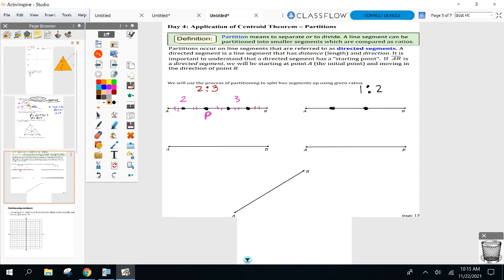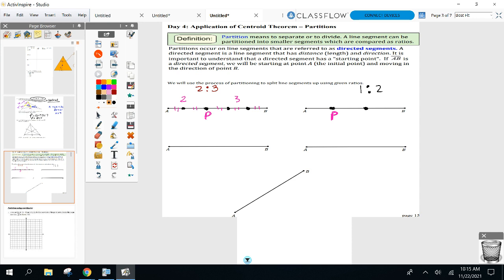Break it up into 3 parts for me that look the same. And then put a point P on one of those points that makes it 1 to 2. Are we all putting it on the first point that you made? Point P, 1 to 2.